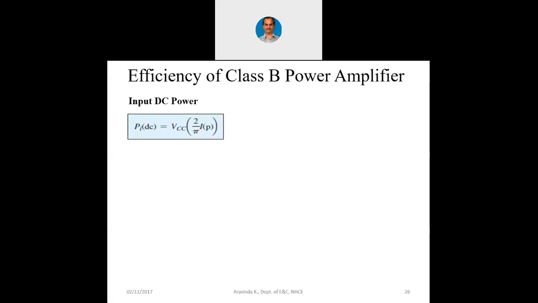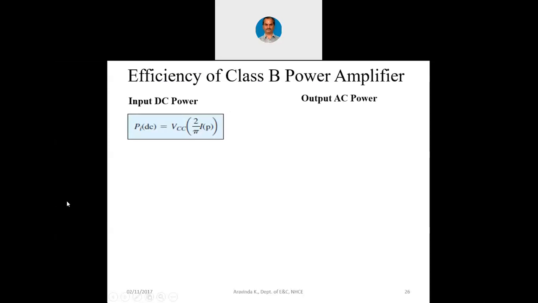When it is driving the load, we always consider the RMS value, because the RMS value is the effective equivalent to the DC value while driving the load. But here in this case, there is no static power consumption. That is one thing. Second thing is, the amplifier is not working for the full cycle. So when we calculate DC power, this is how we calculate: VCC into 2IP by pi. That is the input DC power.